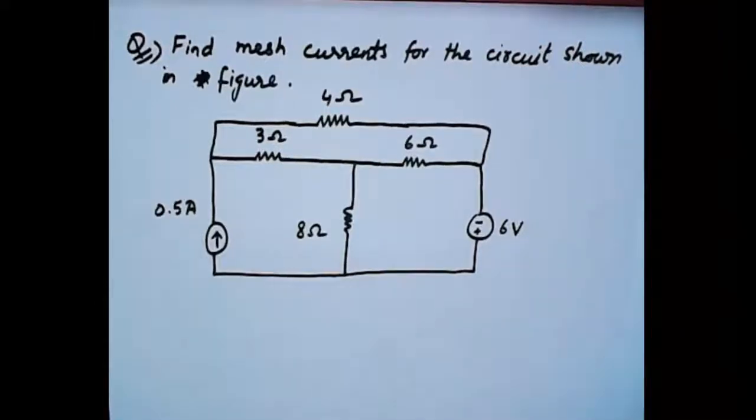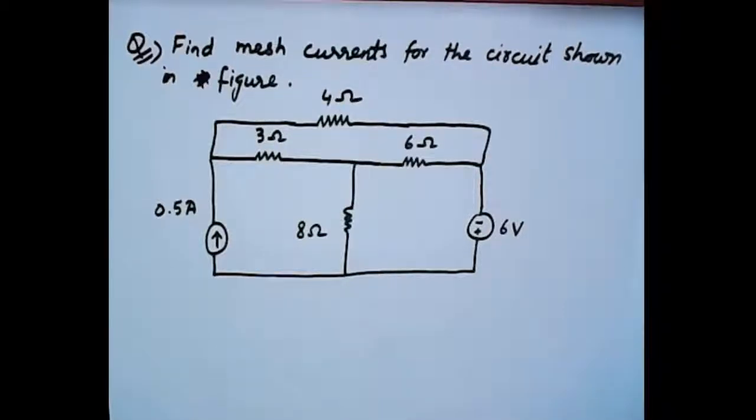So this is the circuit for this question, and we can again see that we have 3 loops, but with 4 resistances, 1 voltage source and a current source.